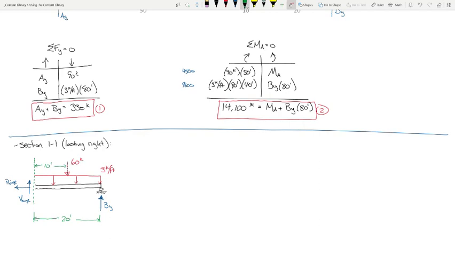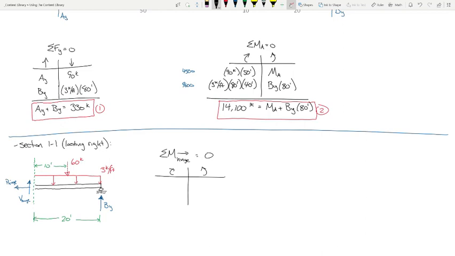So now what I will do is sum moments. We'll say sum moments at the hinge, and I'll put a little arrow there to say I'm summing moments at the hinge looking right. So that equals 0.